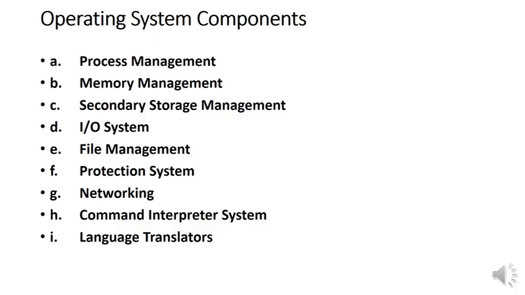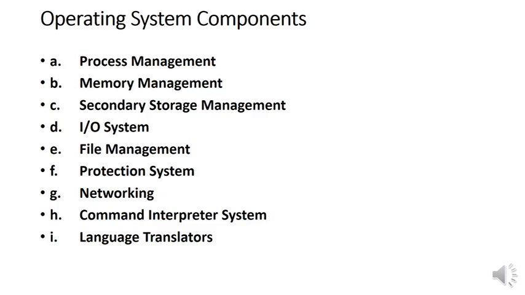The control card interpreter and command line interpreter, like the shell in Unix, you understand, like the command prompt in Windows, have all been used to refer to this program. So this is very, very important.